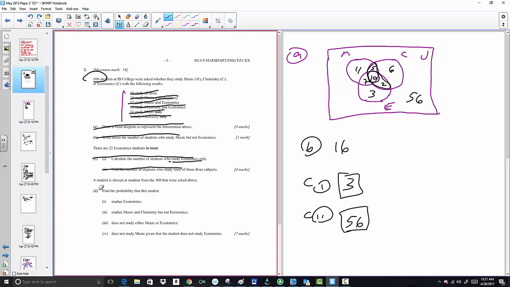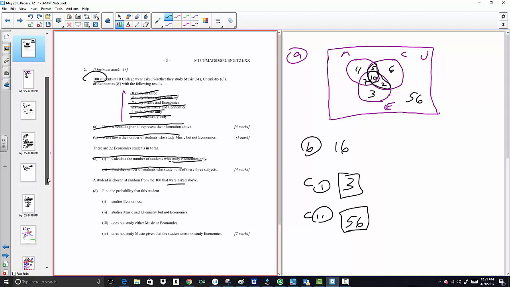All right, a student is chosen at random from the 100 above. Okay, find the probability this student studies economics. Well, how many people study economics total? Looks like they told us already though. 22 studied economics total, out of the 100. So the chances of getting somebody randomly that studies economics out of that 100 is 22 out of 100.